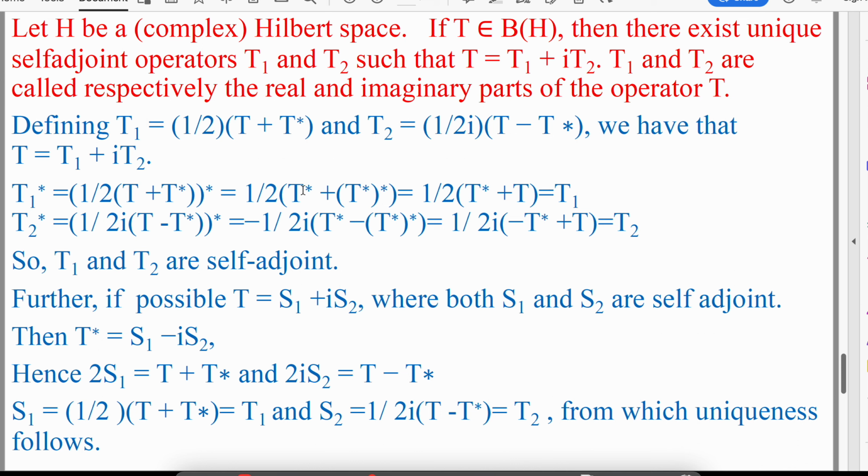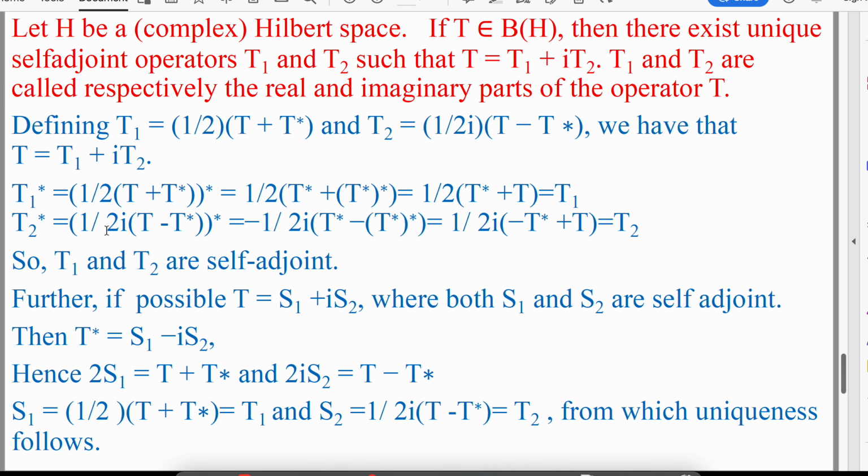We know that if we take the adjoint twice, we get the same operator. So it means 1 upon 2 (T star plus T). This is nothing but T1. It means T1 star is equal to T1. So T1 is self-adjoint.